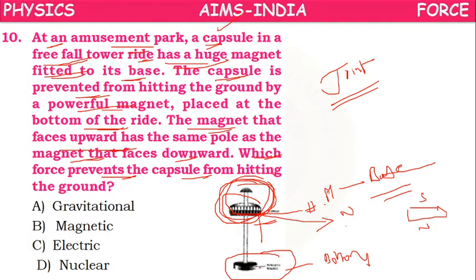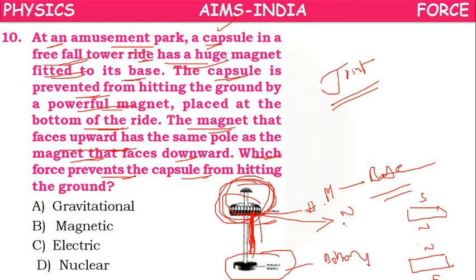For the bottom magnet, the North Pole is facing up and the South Pole is facing down. So the North Poles are facing each other. Because of that, what happens? They will never attract.